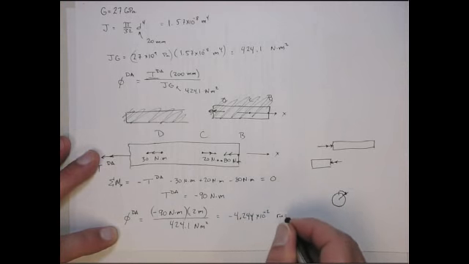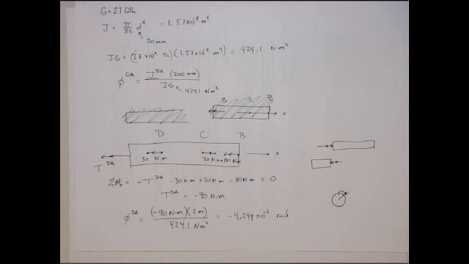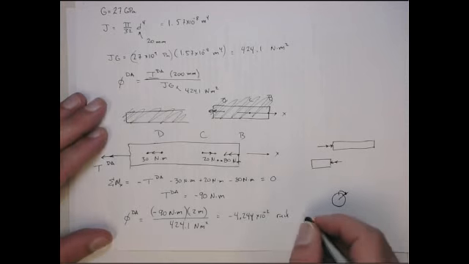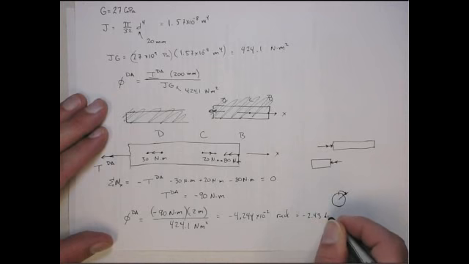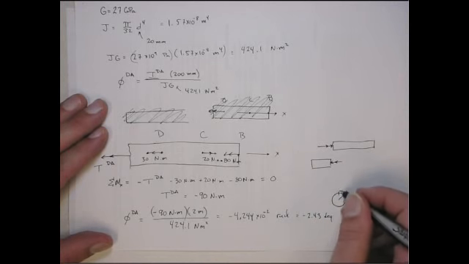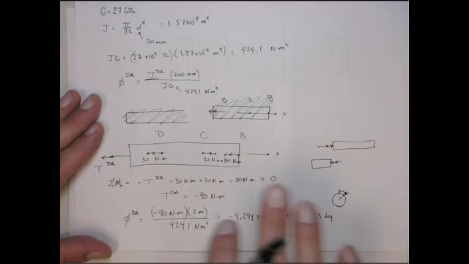Now that's radians, okay? So if we were to get that in degrees, that is times by 180 over pi. And that gives me minus 2.43 degrees. So it's the minus, so that means D rotates relative to A in a clockwise fashion.